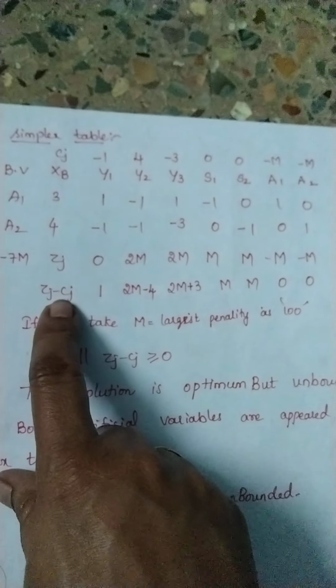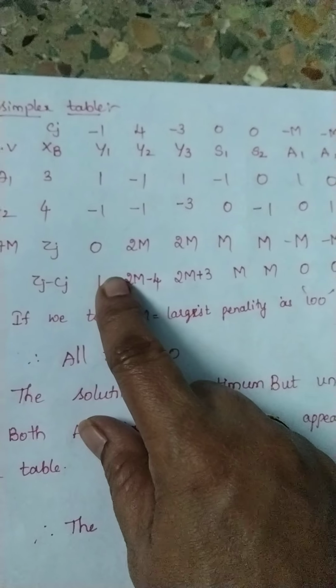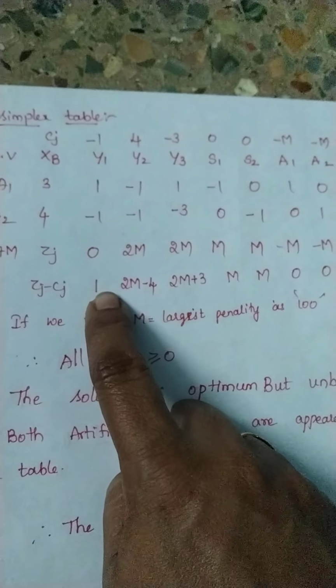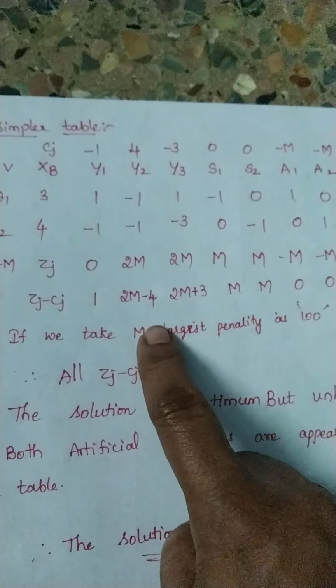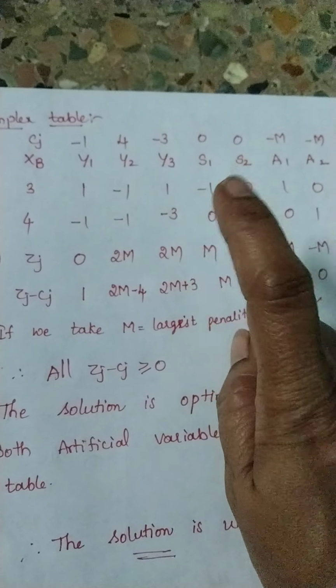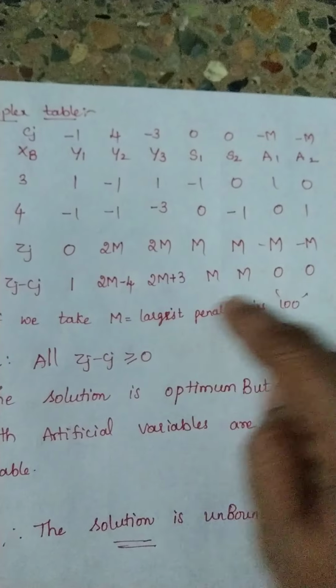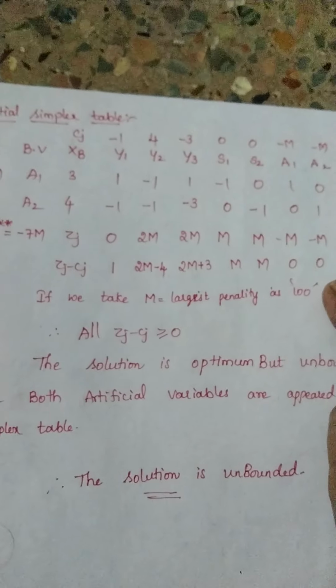What is the next step? We have to find out Zj minus Cj. So here 1 minus of minus 1. You will get 0 minus of minus 1. You will get 1. 2M minus 4. You will get 2M minus 4. Here 2M minus of minus 3. You will get 2M plus 3. Similarly, we get all these Zj minus Cj.